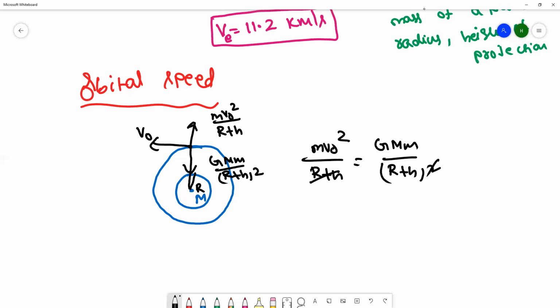So m v naught square by R plus h is equal to G into M divided by R plus h whole square. This square and this cancel, and this m and this m get cancelled. So v naught square is equal to GM divided by R plus h.